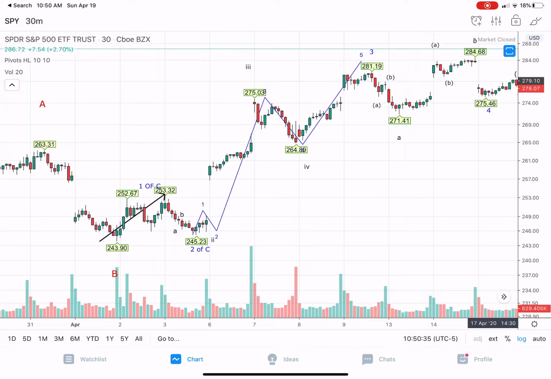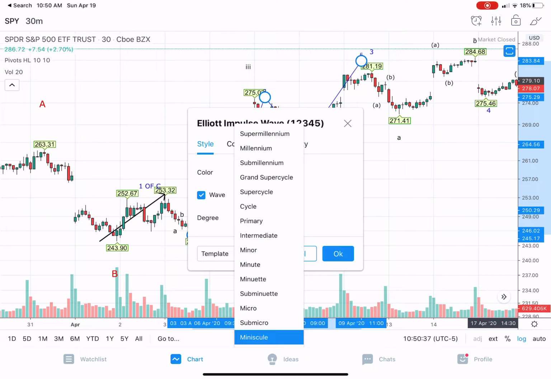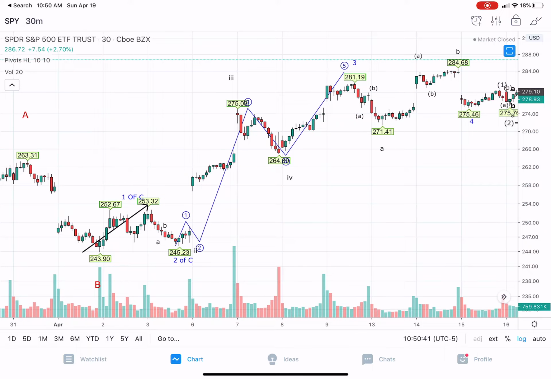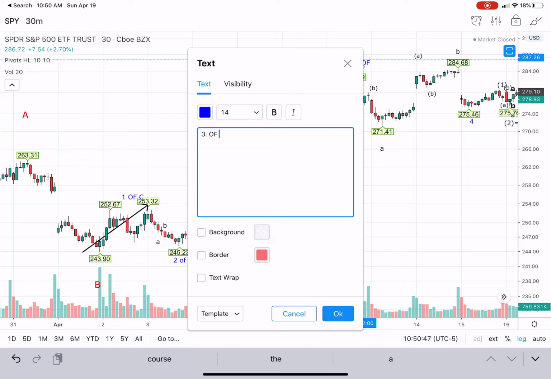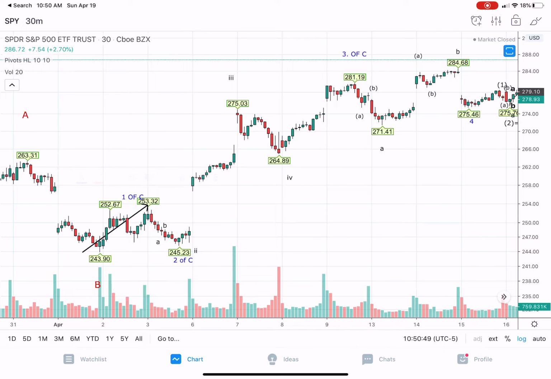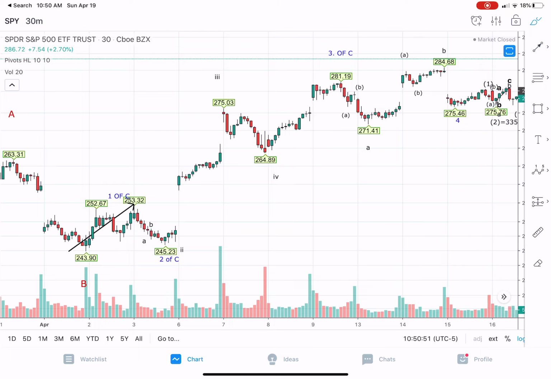So we know that those 5 subwaves comprise wave 3. So this would be called wave 3 of C.